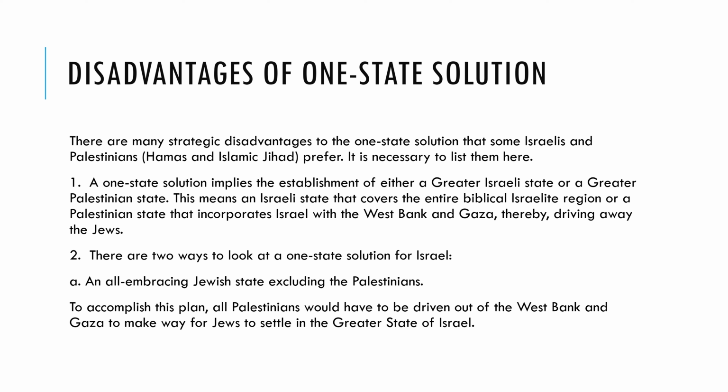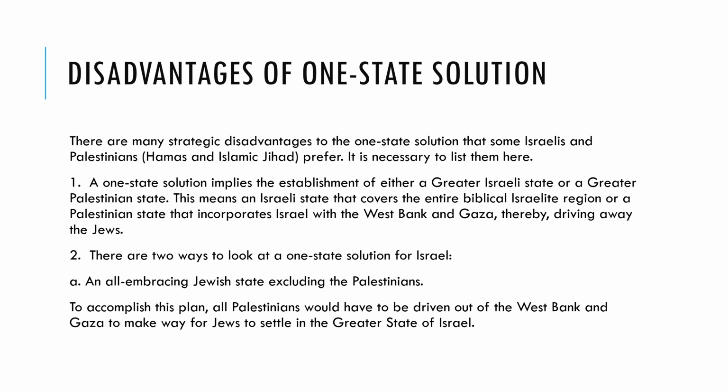2. There are two ways to look at a one-state solution for Israel. That is, if the Israelis want a one-state solution, there are two ways that can be accomplished. A, an all-embracing Jewish state excluding the Palestinians.